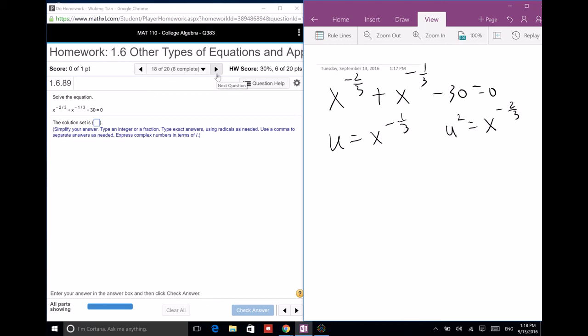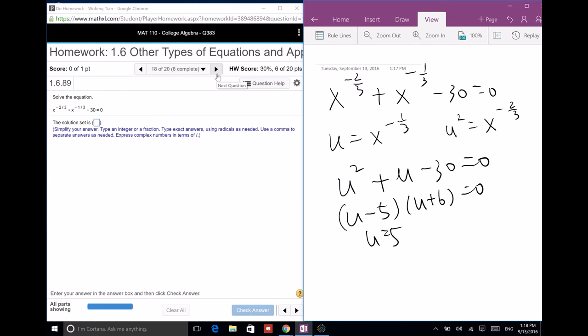So you have U squared plus U minus 30 equals 0. Then you solve that: U minus 5, U plus 6 equals 0. So U equals 5 and U equals negative 6. Plug it back into the equation: x to the negative 1/3 equals 5, and x to the negative 1/3 equals negative 6.